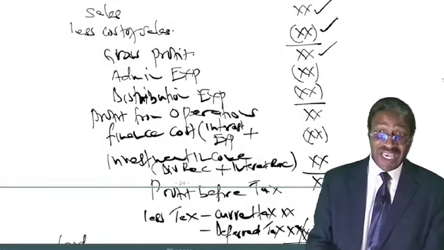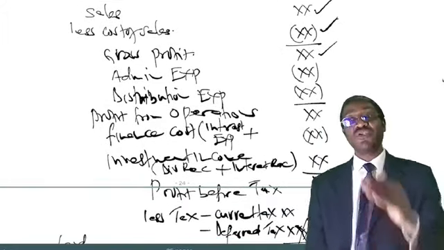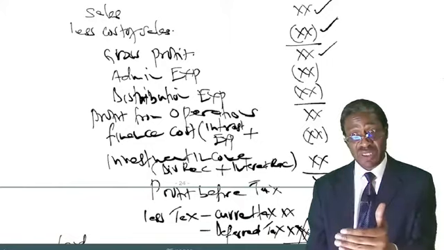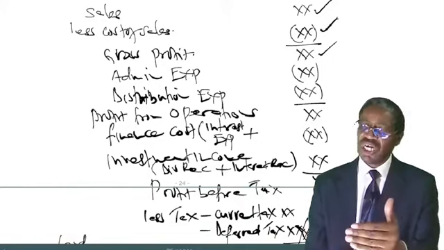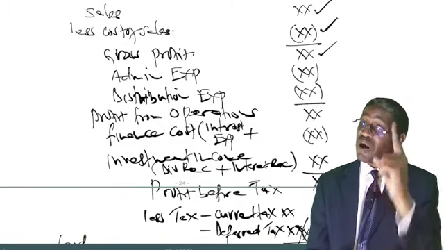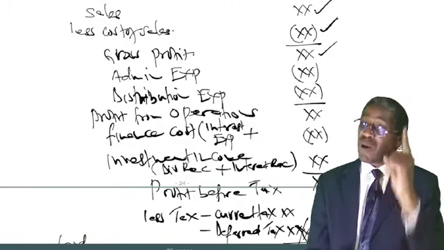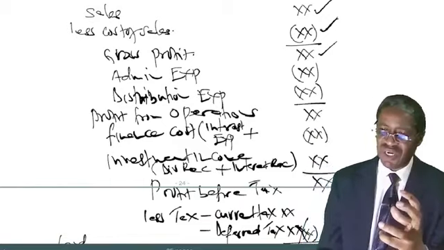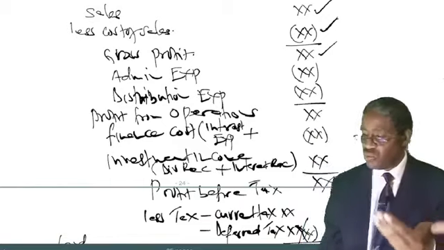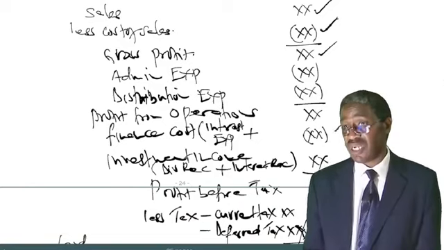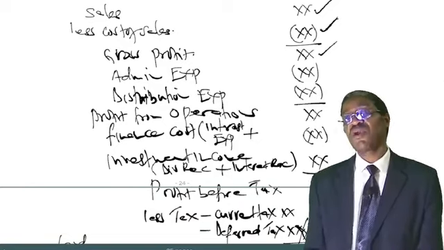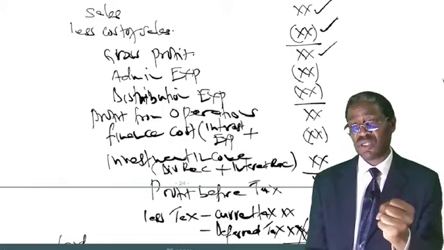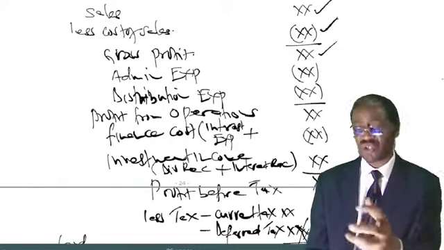Once you do that, you get the normal gross profit. Then once you get the GP, we normally minus expenses. For publication purposes, all expenses must be classified according to their function. One is the administration function.